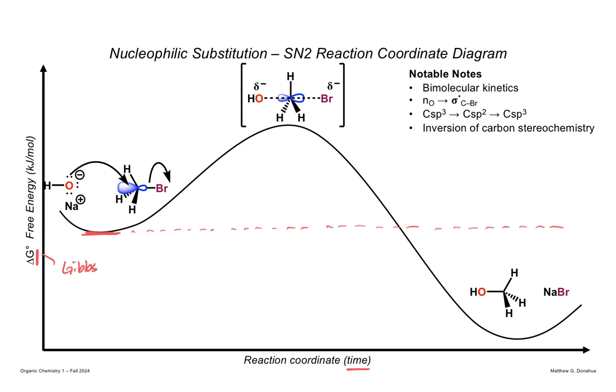So we see the nucleophile attacking the sigma star. We're then breaking the sigma bond. We're going uphill in energy. So the highest point there is that transition state.